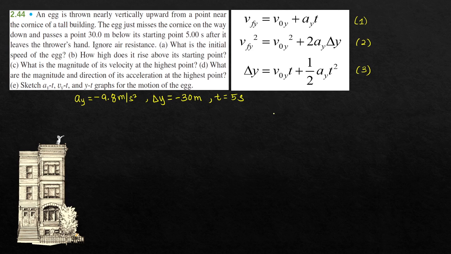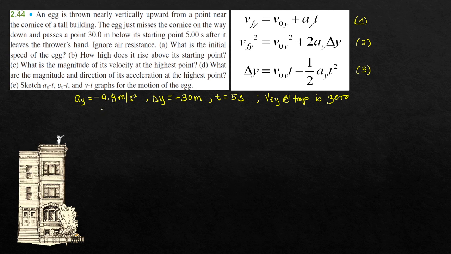And we could also say that at the top, or at the highest point, the velocity at the top is 0.